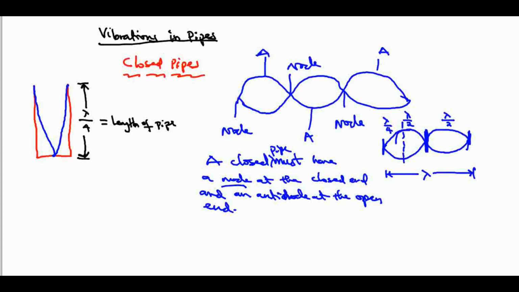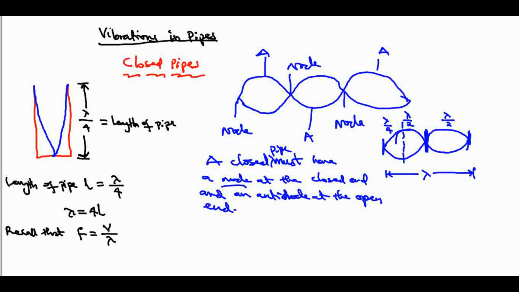So what can we say from that? We can say that the length of the pipe, L, is equal to the wavelength over 4. So we can as well say that the wavelength lambda is equal to 4L, and we keep that in mind. We go back to also recall that frequency is equal to velocity over the wavelength.